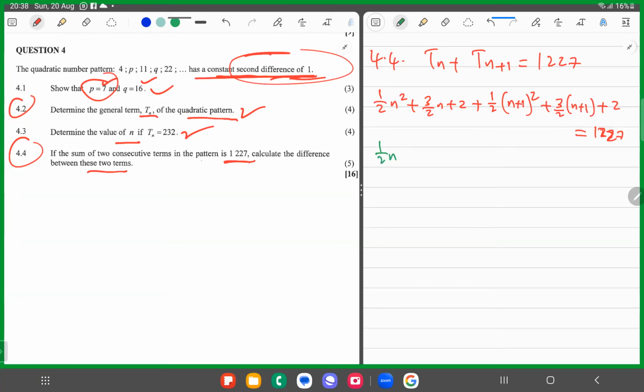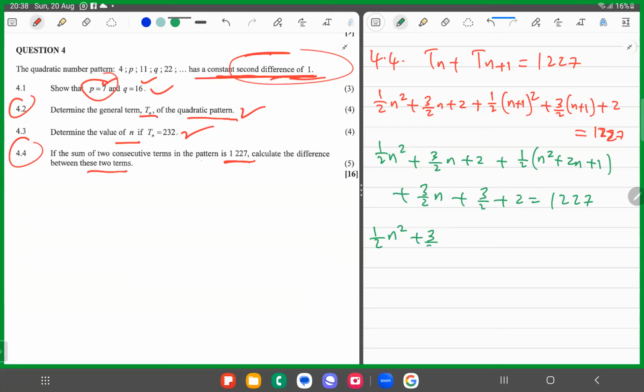This is exactly half n squared plus 3/2n plus 2, plus you square the brackets, n plus 1 whole squared, which is n squared plus 2n plus 1, plus 3/2 plus 2, equals 1227, which is half n squared plus 3/2 plus half n squared plus 1/2.